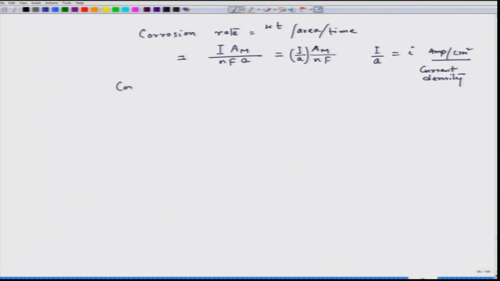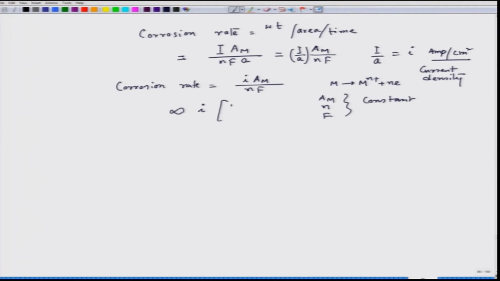So, corrosion rate is equal to i A_M by nF. Now, A_M for a particular metal, and n and F for M going to M^(n+) plus ne, are all constant. So, now the corrosion rate is proportional to i, the current density.